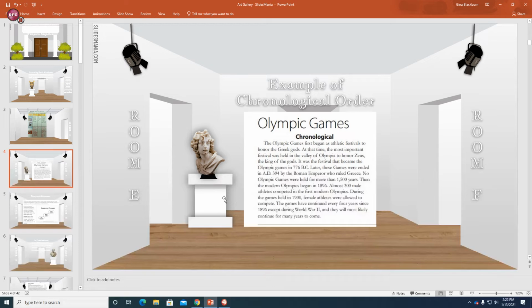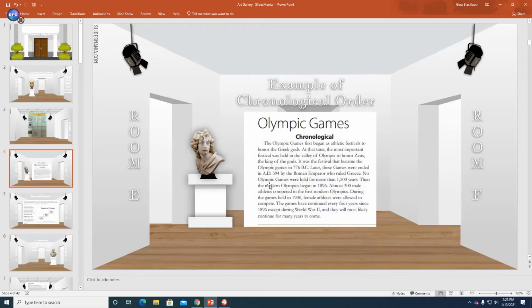So we have several clue words here that help us identify this text structure as chronological. We have the word first. We have also dates. This says 776 BC. Then we have 394 AD. This time comes after this time.